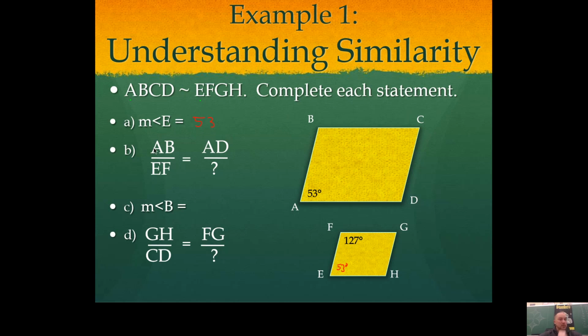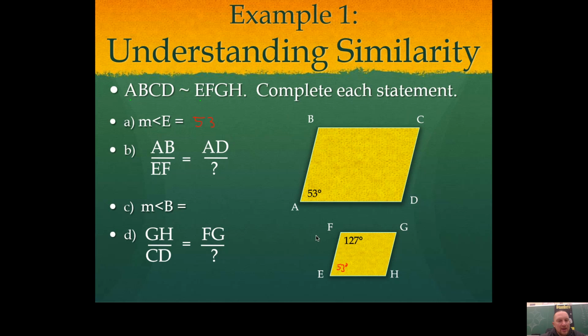Now, the other part of similarity talks about the side lengths. These two figures are similar, but if you notice their corresponding side lengths, like segment AB compared with segment EF, they're not the same length. But what they're telling you is they're going to be proportional. So A to B divided by E to F gives you this ratio.